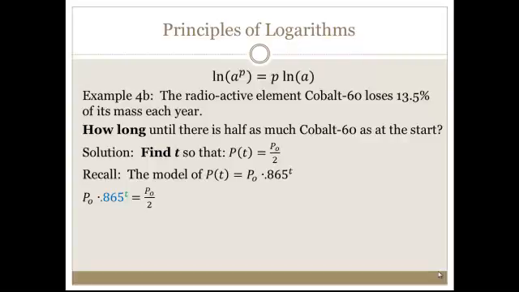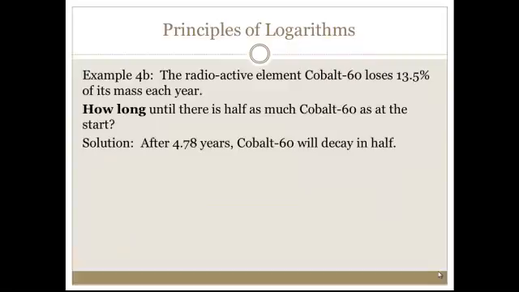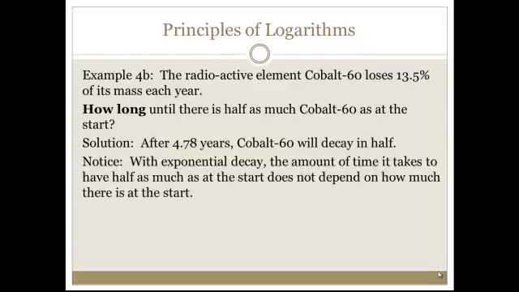As we did when P naught was 250, we'll divide both sides by P naught. On the left-hand side, we're left with 0.865 to the T, while on the right-hand side, we have 1/2. This equation we solved in the previous example, and we found that T equals the natural log of 1/2 divided by natural log of 0.865, which is roughly 4.78. So after 4.78 years, cobalt-60 will decay in half.